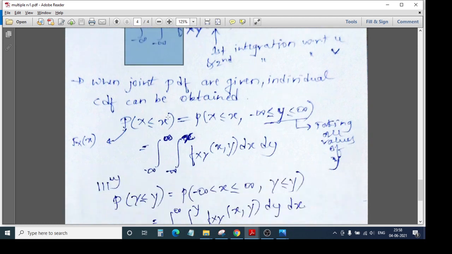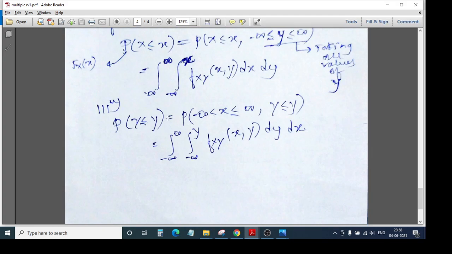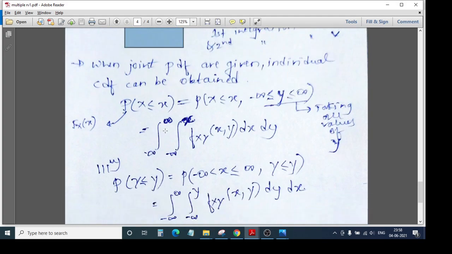Okay. Now suppose I want to find an individual CDF when I have a joint PDF. Please observe very carefully. Here I have a joint PDF, that is the PDF of two variables X and Y, and from this I want to get an individual CDF.